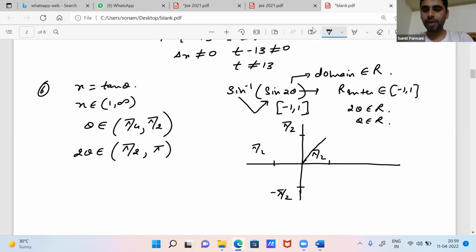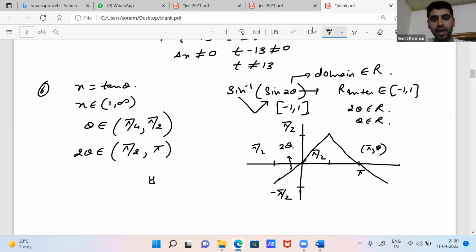So if 2 theta is pi by 2, this is the curve. From pi by 2 to pi, this is the curve. For this line, it goes to pi minus 0, so you can find the equation. The slope of this line is -1, so y minus 0 equals -1 times x minus pi, so y equals -x plus pi.